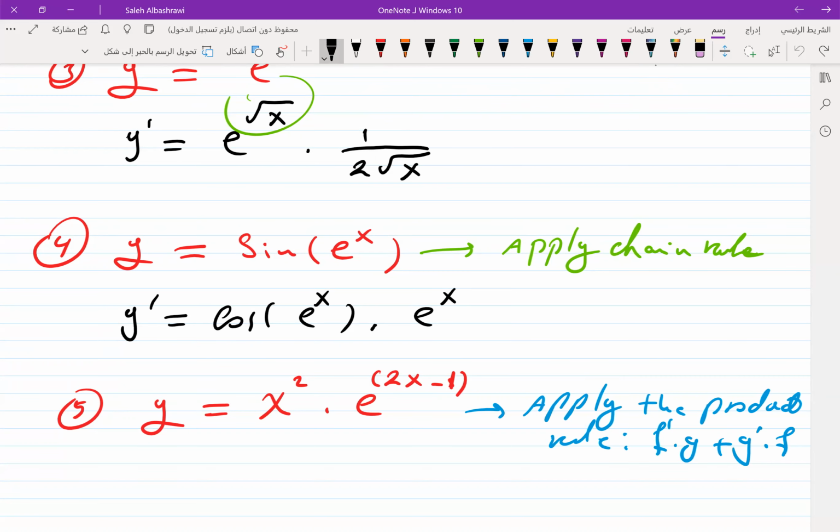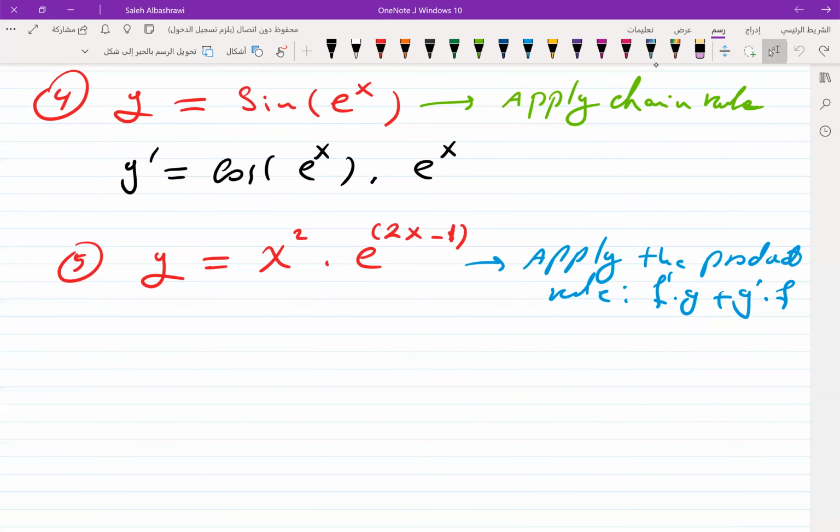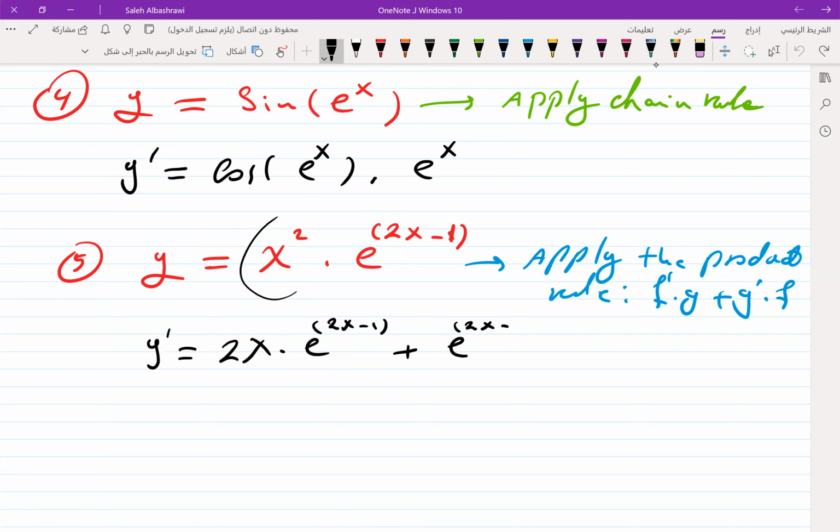So the derivative in this case by the product rule, y prime, is equal to the derivative of the first one, which is 2x, multiplied by e to the power 2x minus 1, plus the derivative of the second function, which is e to the power 2x minus 1 multiplied by the derivative of the power.